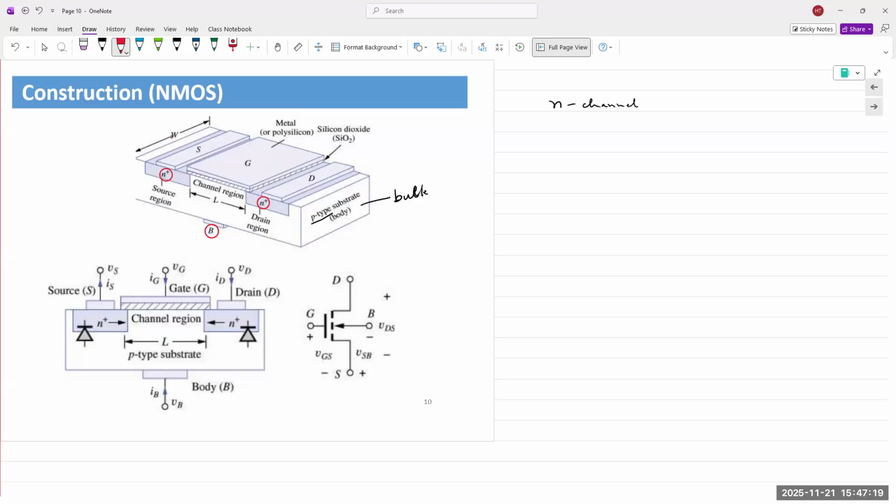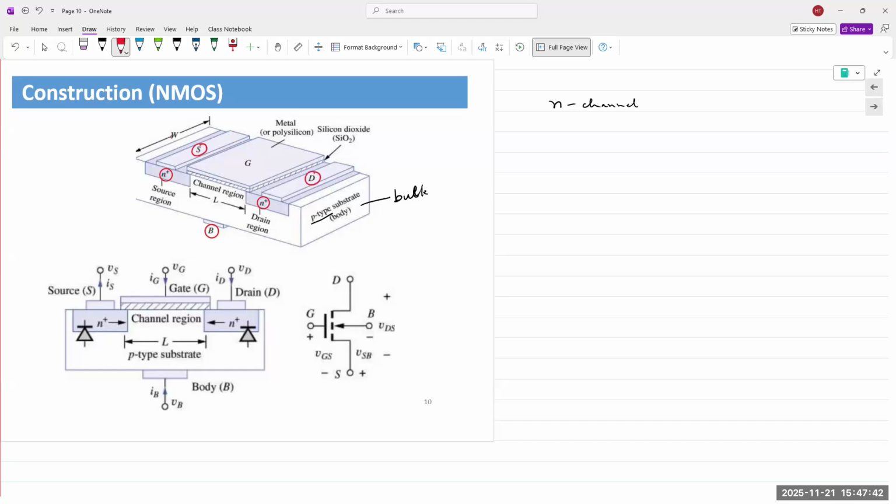So again, this is an N-channel MOSFET. An N-channel MOSFET is created from a P-type substrate. You have two N-type regions implanted on either side with some distance between the two. That distance is the length of that channel. The two N-type regions are labeled as the source and the drain.